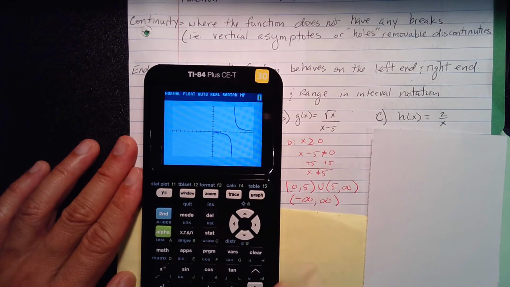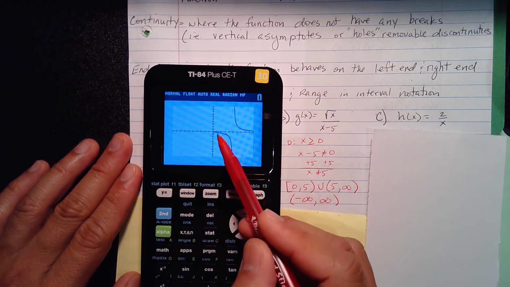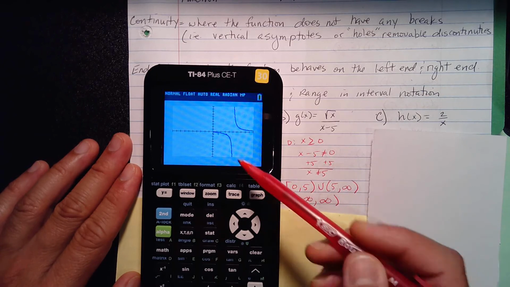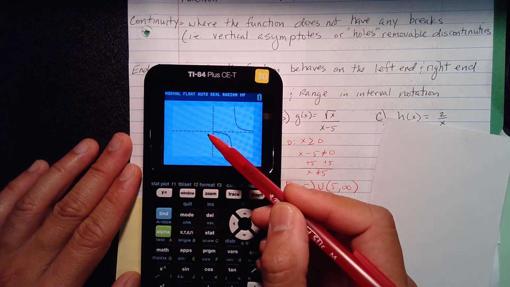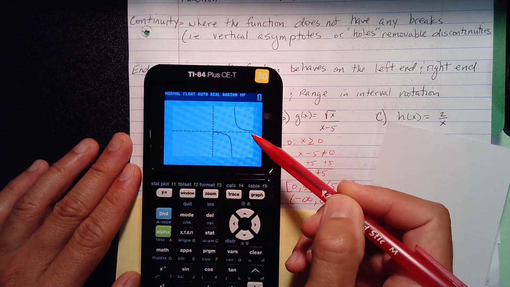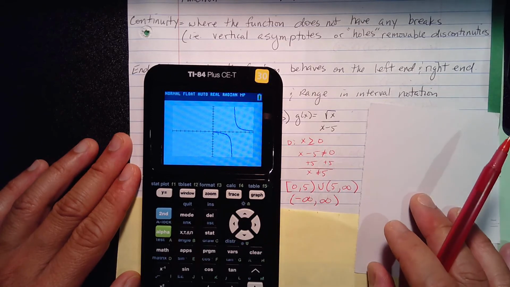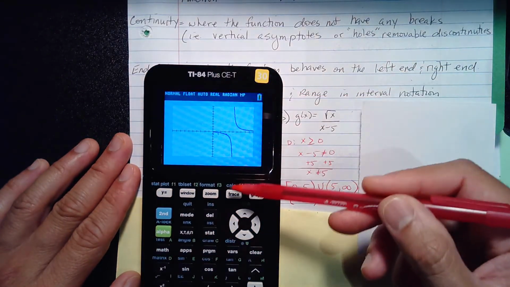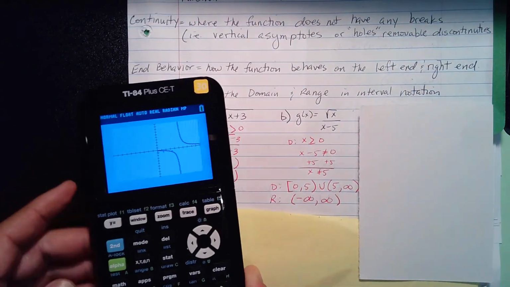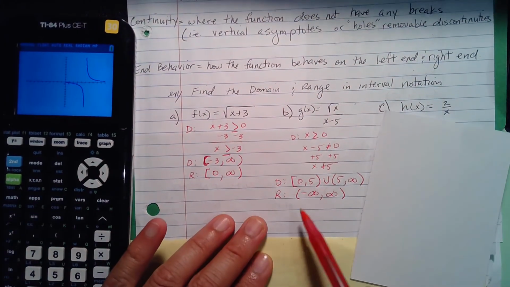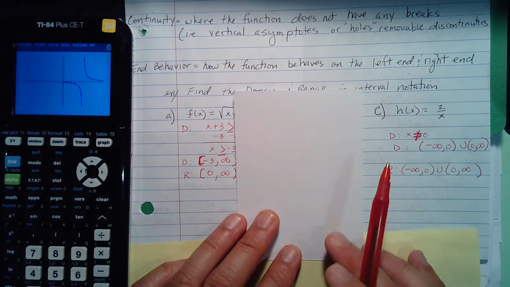So we notice that the range, think of y values, the range are all real numbers because the range is coming from -infinity to 0, and then it continues from 0.001 all the way to positive infinity. So range, think up and down. So the range would be from -infinity to infinity. Alright, last one.